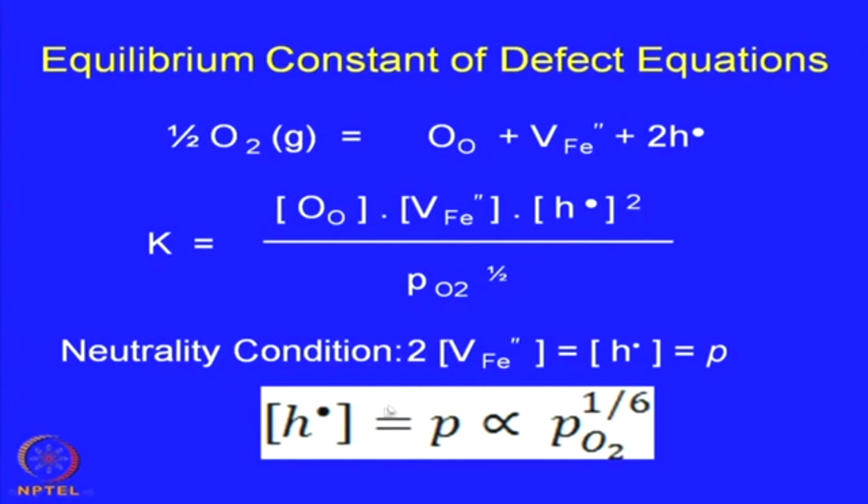Remember, this is sometimes confusing, most of the time the mistake is the 2 goes to the other side. So, you have to see the 2 is on the right side. So, the concentration of holes is actually 2 times this, because for each iron vacancy 2 holes are being generated, right. Now, this concentration of holes is actually denoted by p, the positive, this comes from semiconductor physics.